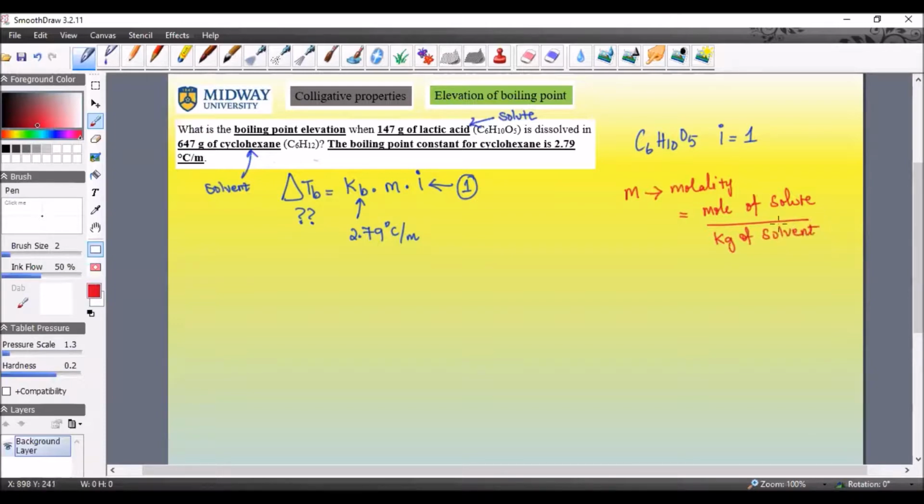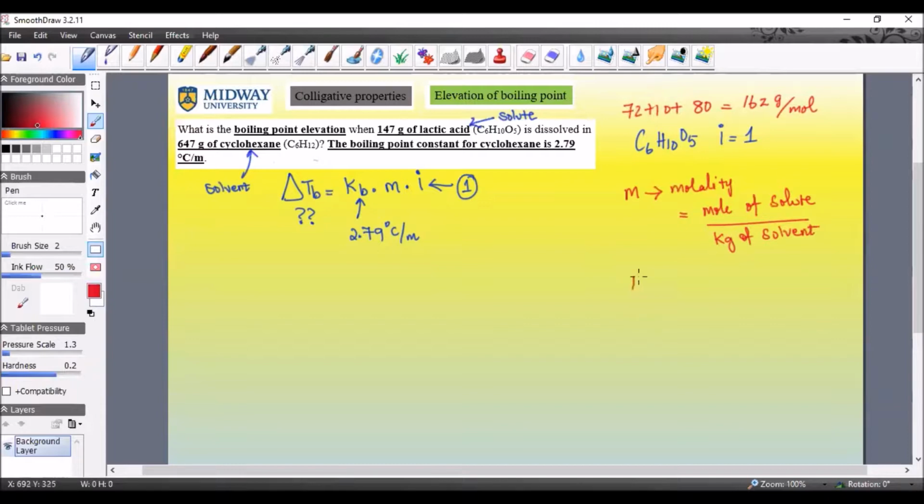A molar mass has to be found first for the lactic acid. So this is 72 plus 10 plus 80, which is 90 plus 72, 162 grams per mole. That's the molar mass of your lactic acid.